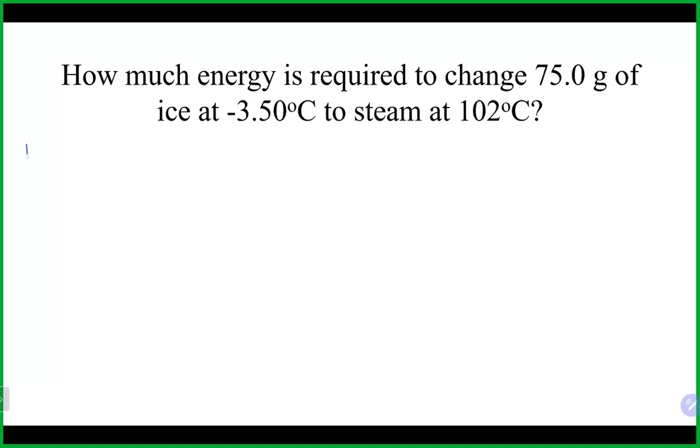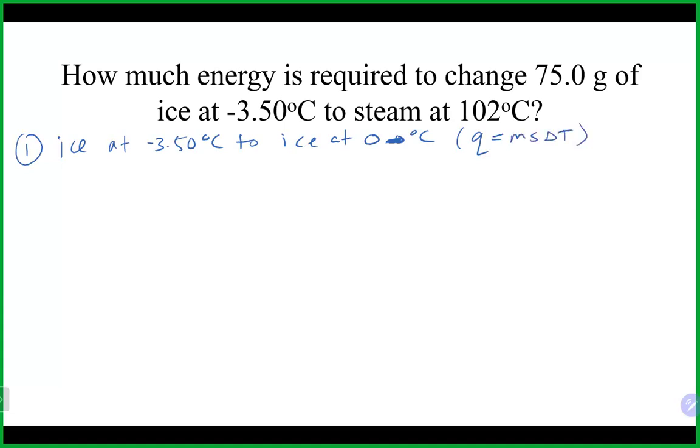So step number 1 is going from ice at minus 3.5 degrees Celsius to ice at 0 degrees Celsius. And that is the same phase, but different temperatures. So we would want to use our specific heat equation to do so.